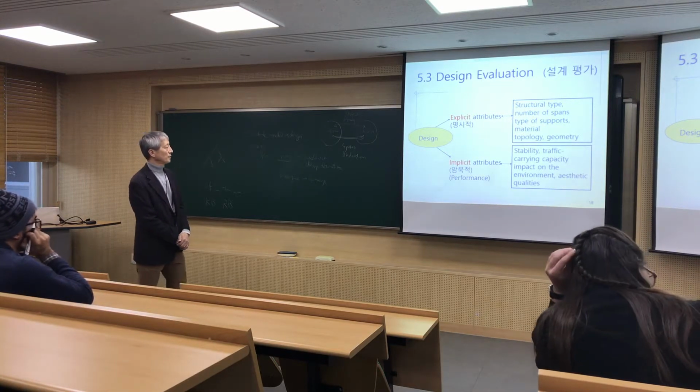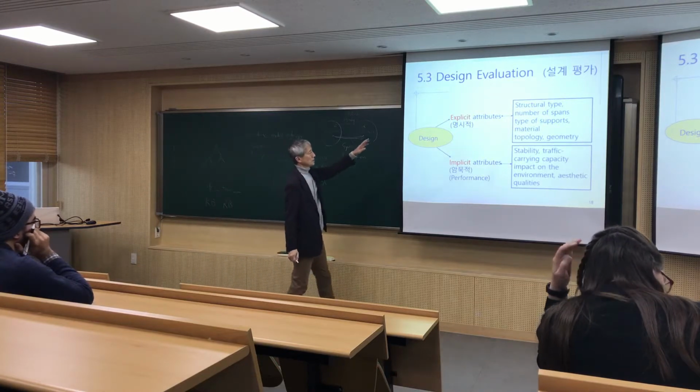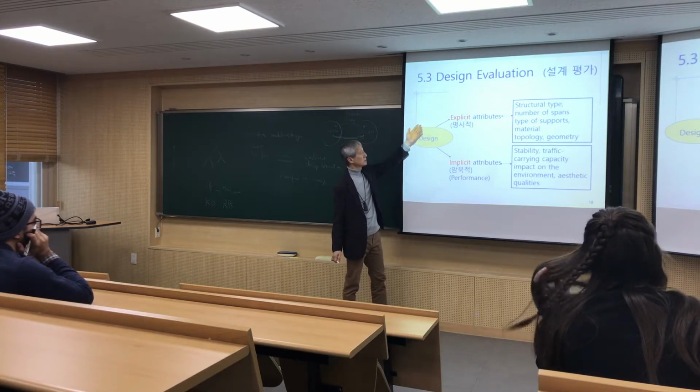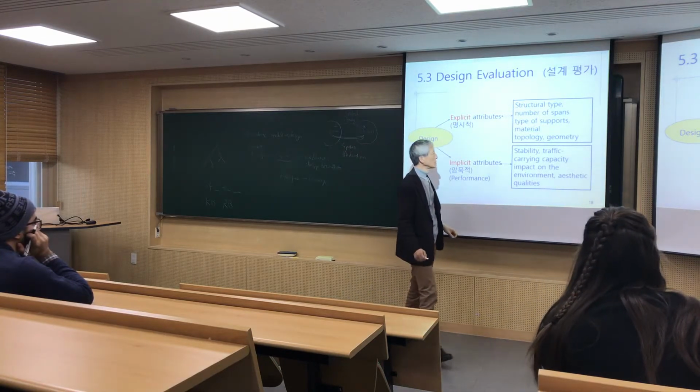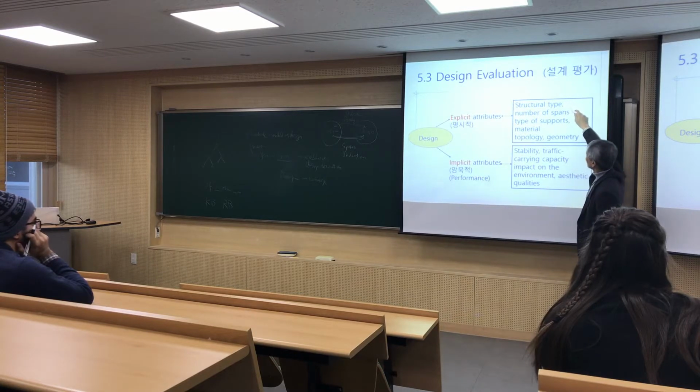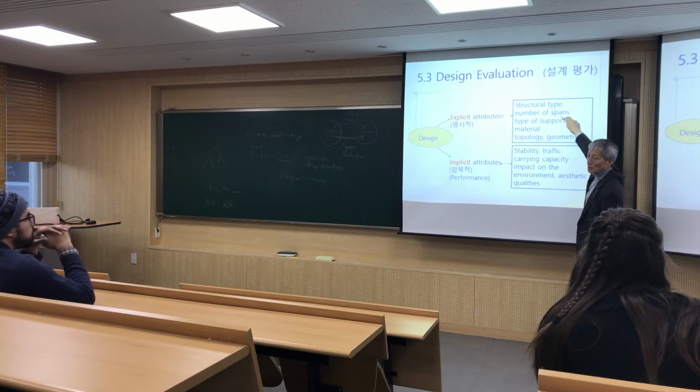If one design is given, some parts are explicitly shown to you. There is something like structure type, number of spans, type of support, material used, and topology and geometry is given, usually inside design drawings.